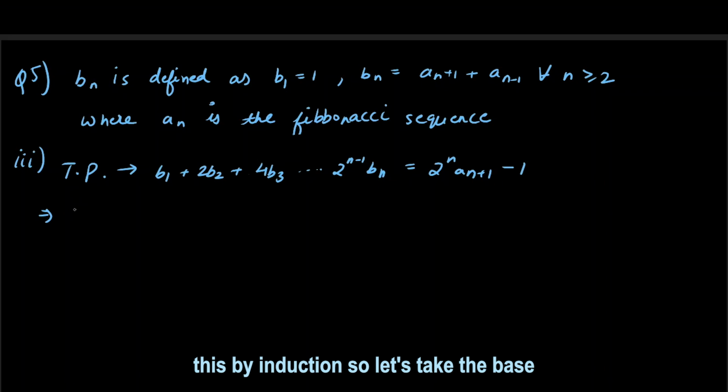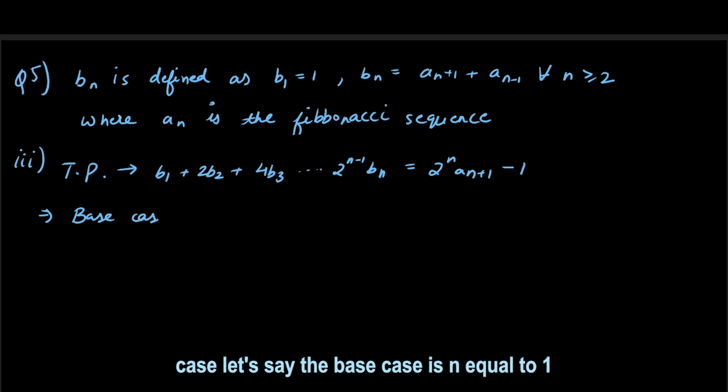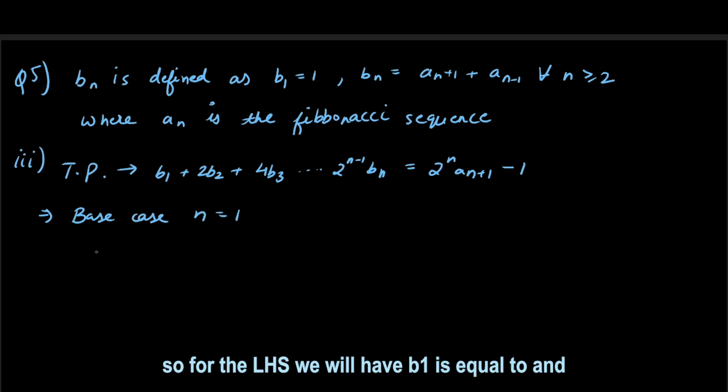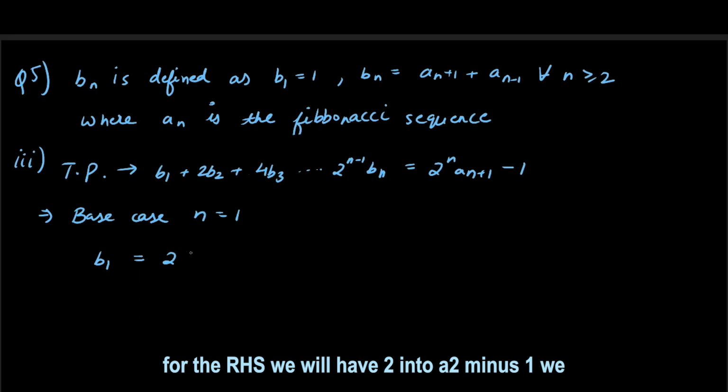So let's take the base case, which is n equal to 1. So for the LHS, we will have b_1 is equal to, and for the RHS, we will have 2 into a_2 minus 1.